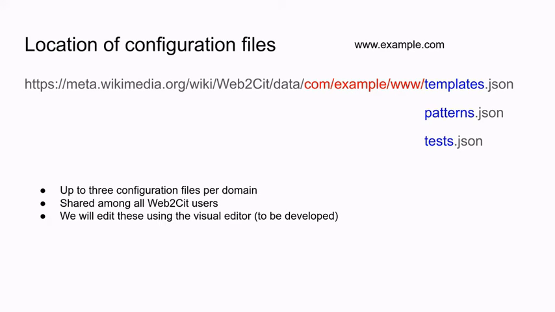If you want to experiment, we will discuss later how we plan experimentation, but for the moment, just be aware that if you change these files, translation will change not only for you, but for all users of Web2Cit.